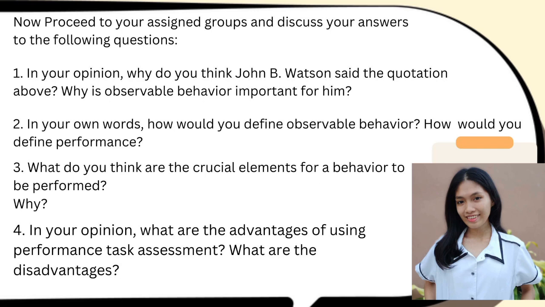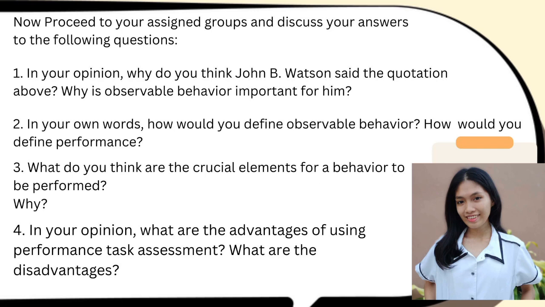Panghuling tanong, in your opinion, what are the advantages of using performance task assessment? What are the disadvantages? So, performance task assessment offers several advantages in evaluating individual skills, knowledge, and abilities in a real-world context. However, it also comes with its own set of disadvantages.